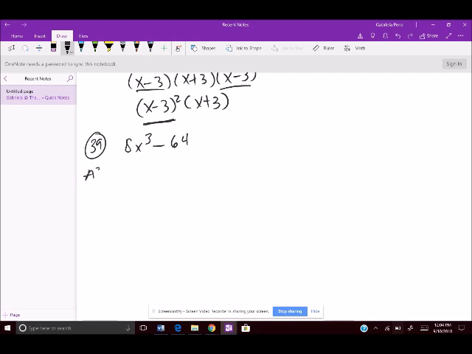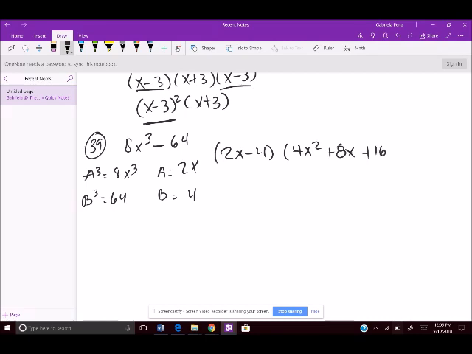So if a cube is 8x cubed and b cubed is 64, who's a and who's b? A is 2x and B is 4. Very good. So again, we do the formula. A minus b, 2x minus 4. A squared is 4x squared. A and b multiplied is 8x, and b squared is 16.